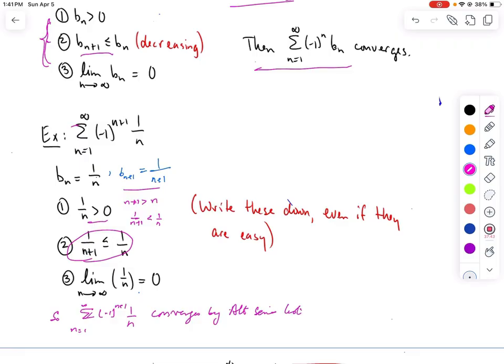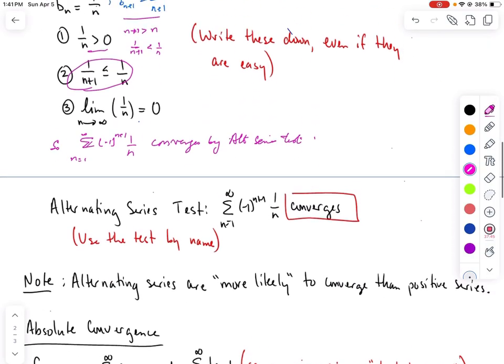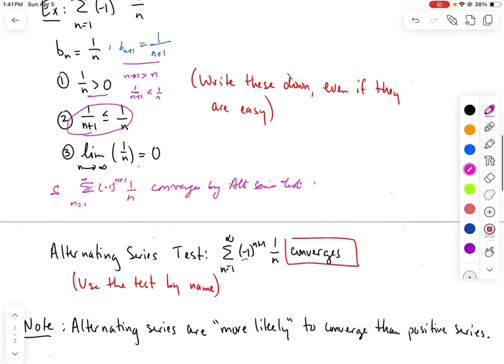Or you can write: alternating series test, colon, the series converges. Now you must use the test by name. In any problem where you are using a test, you must mention the name of the test.